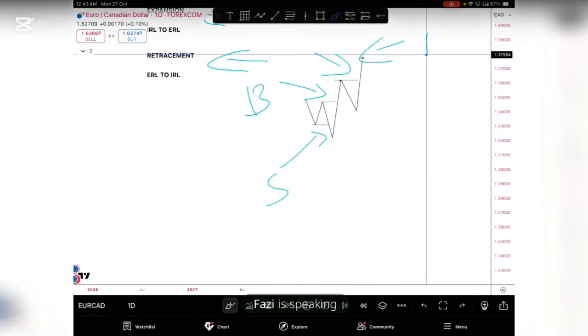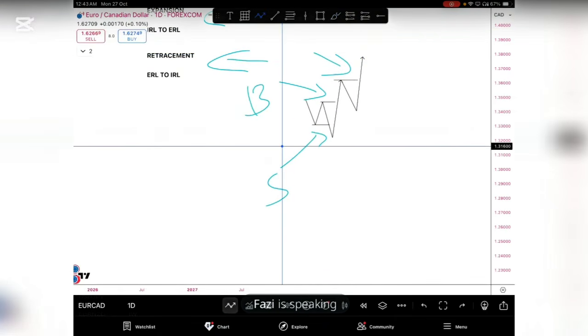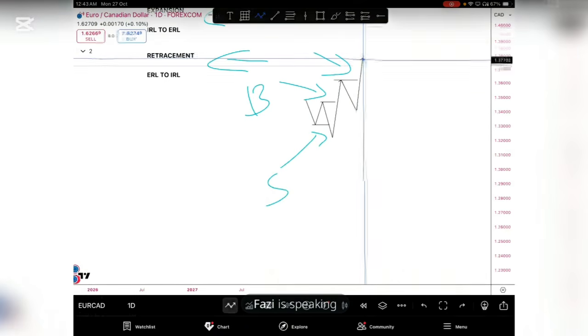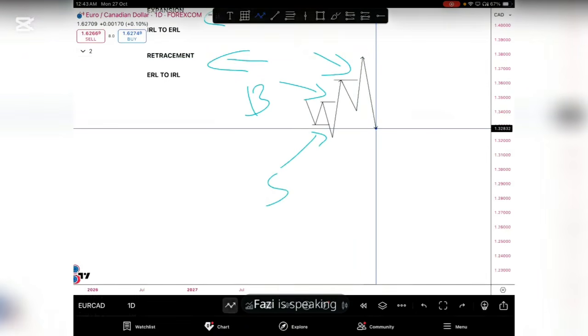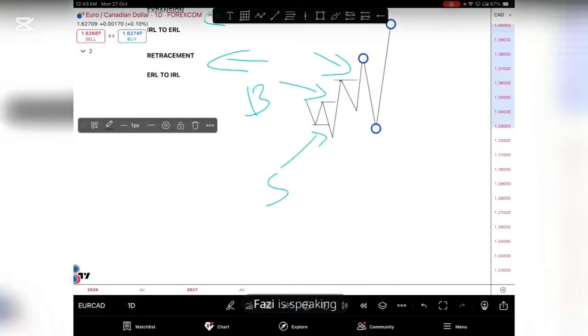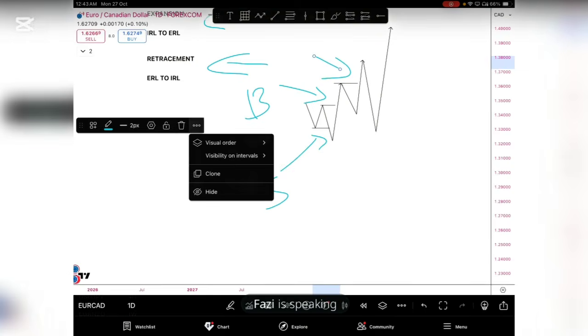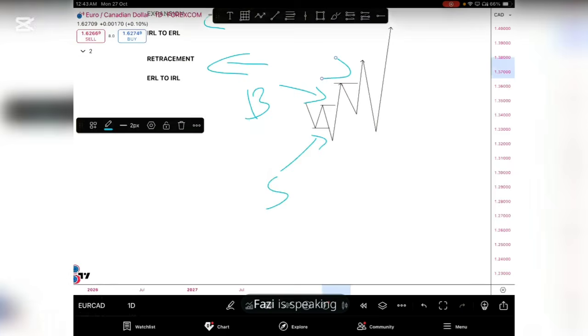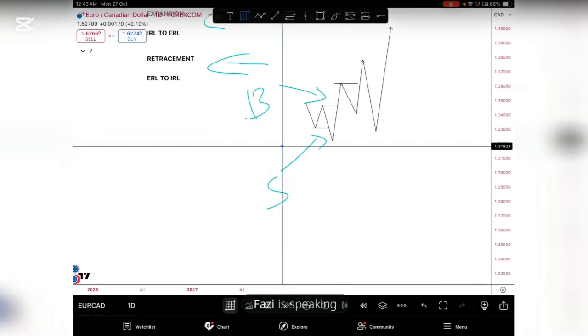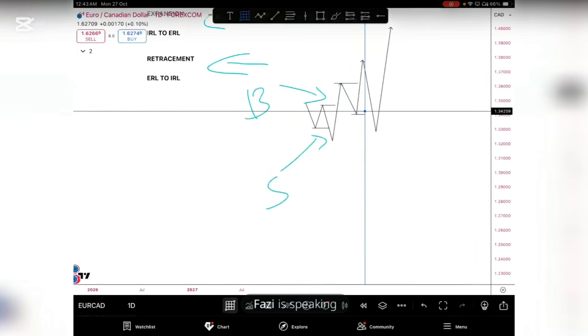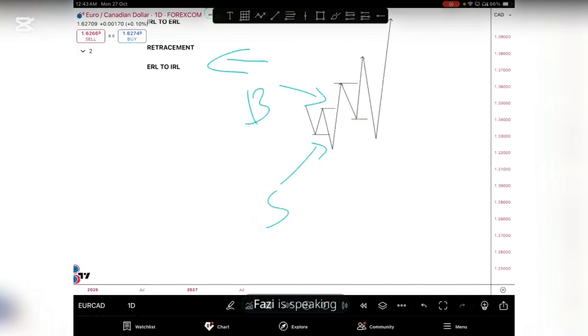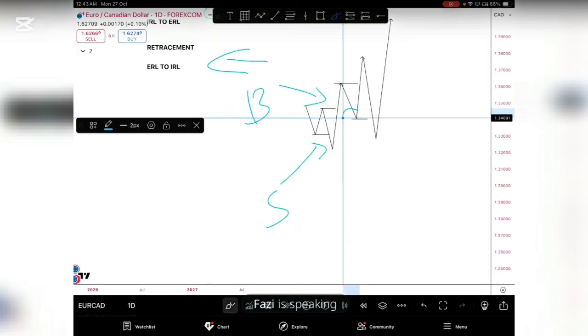Understand? So whenever you have a breakout structure and the breakout here, the price will retrace to the reason for the breakout, then it will make new higher highs. What I told you: after creating the breakout to the upside, the price will take out the low, which is the reason for the breakout. So you understand that this is the reason for this move.